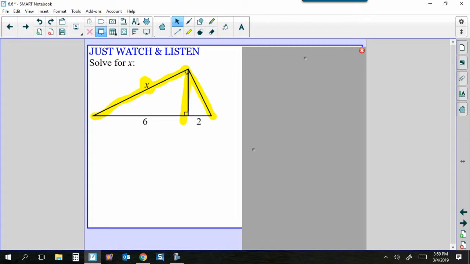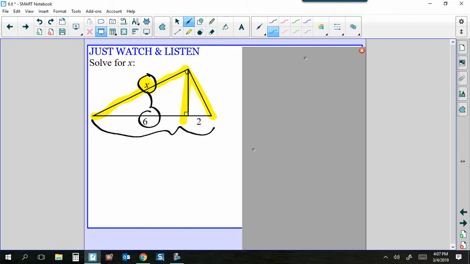From here, you're going to simply set it up. So remember, because this is going to be a leg theorem problem, we need to make our glasses to see the entire hypotenuse. So here's our leg, here's our piece. Our entire hypotenuse, now that I can see it, is going to be 6 plus 2, which is 8. So now I can go ahead and set up our proportion.